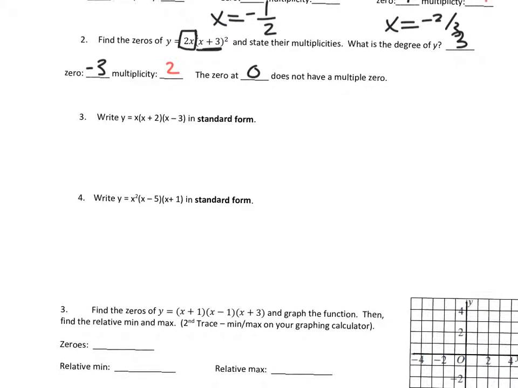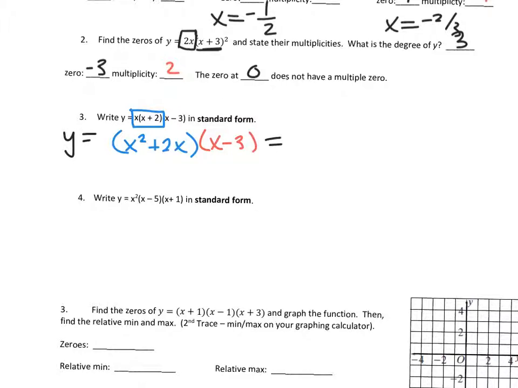Number 3, write this in standard form. Standard form means that you don't have parentheses. Remember, you can take the first two and distribute, so it's going to be x squared plus 2x. I'm going to hold that in parentheses and multiply it by x minus 3 using FOIL.